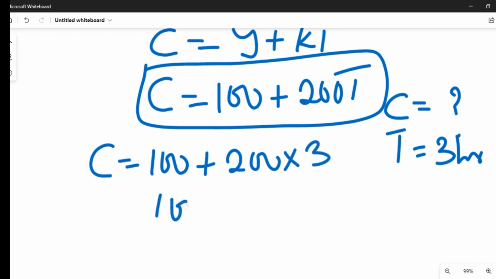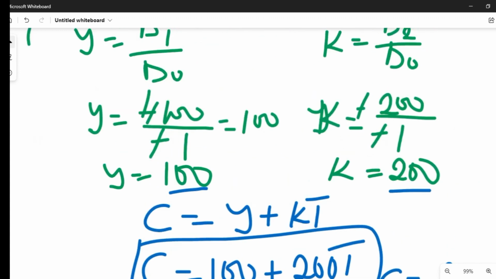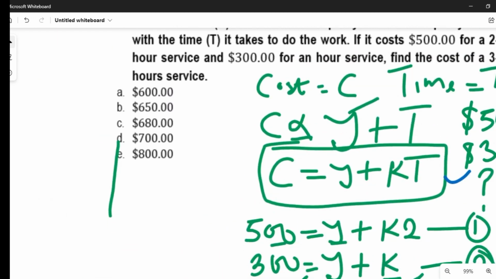This will give us 100 plus 600, since 200 times 3 is 600. So our cost at 3 hours will be equal to $700. If you check the options in that question, you'll find that the correct option is option D.